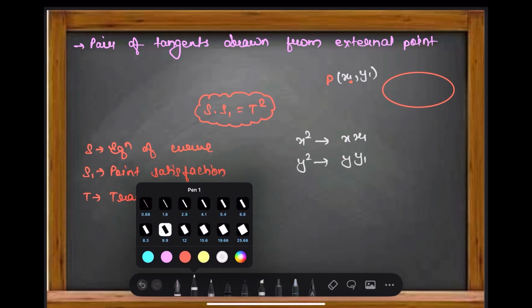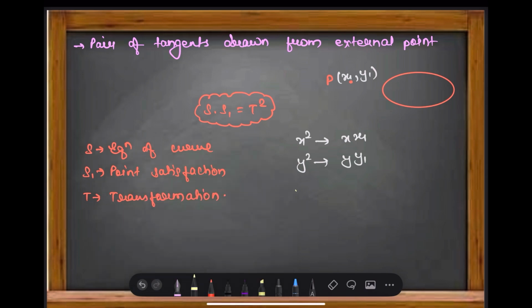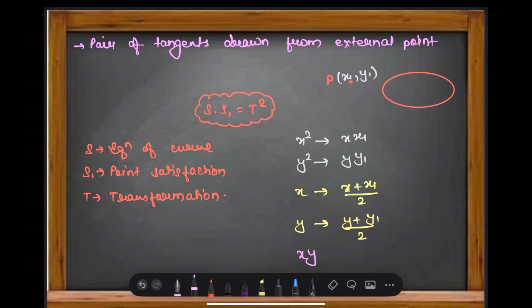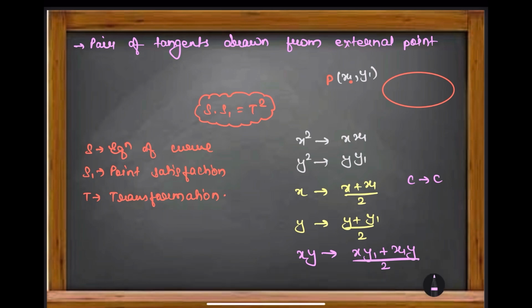Okay, now your x will be replaced by (x plus x1) by 2. y will be replaced by (y plus y1) by 2, and then xy will be replaced by (x y1 plus x1 y) by 2. The constant element will stay as c. Okay, so this is how we will write the combined equation of pair of tangents.